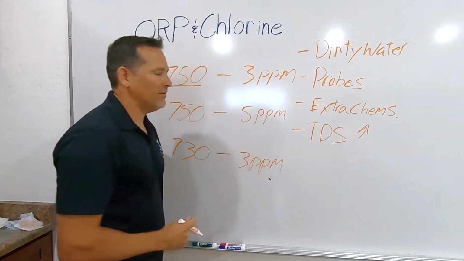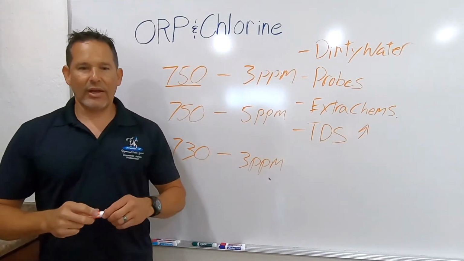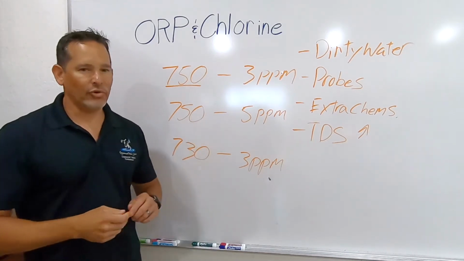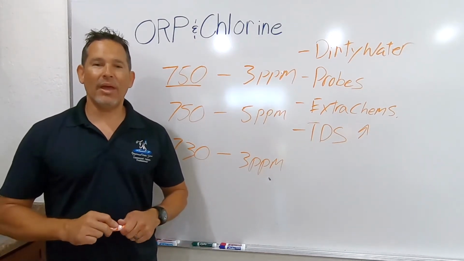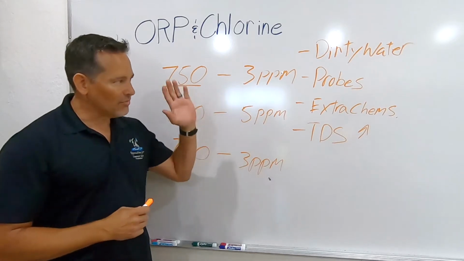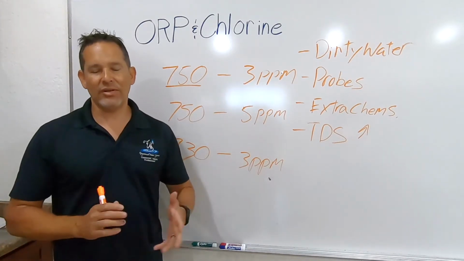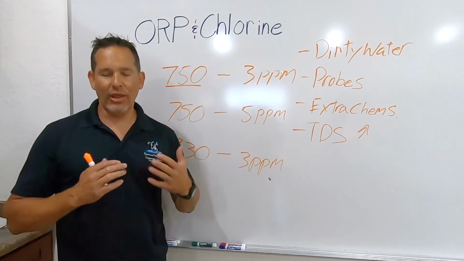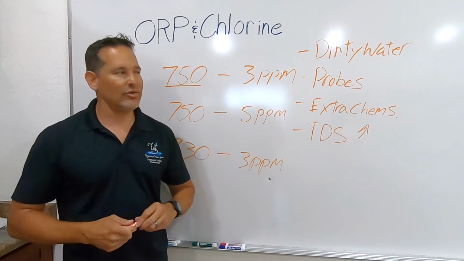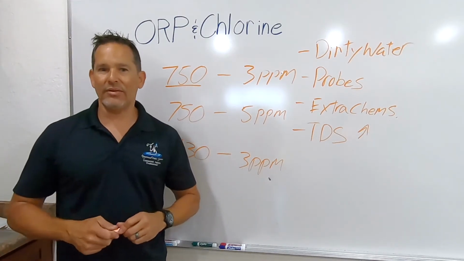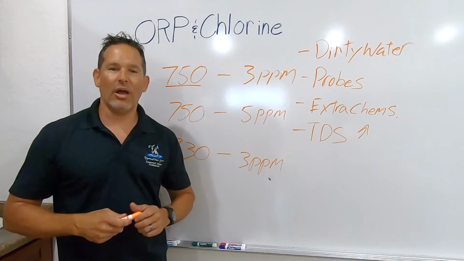When your TDS rises, is that going to have an effect on your ORP number? Sure, it's going to affect the oxidizing capacity of that water. So these are some basic things that are going to change that ORP level in the water. There are a lot of other things that make that change, but these are some of the most common things that you're going to see that are going to make that change often.